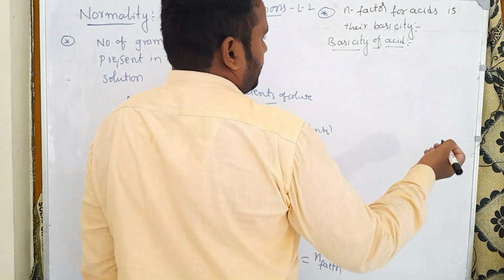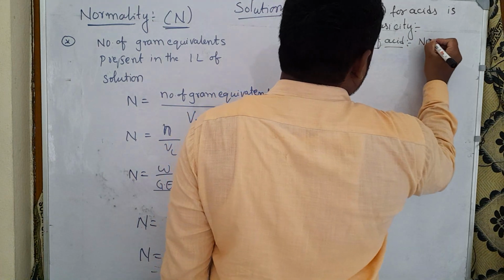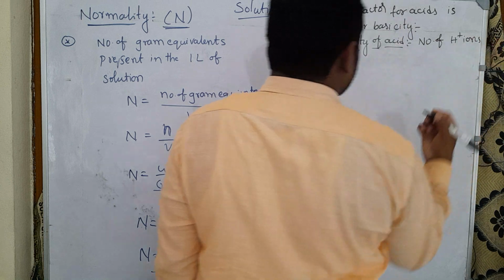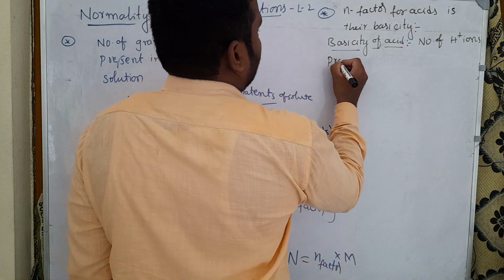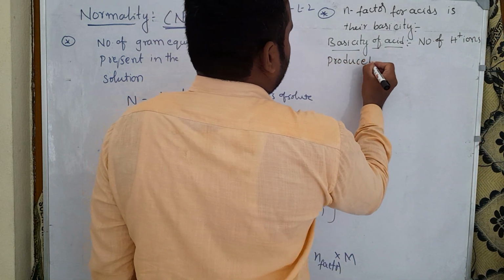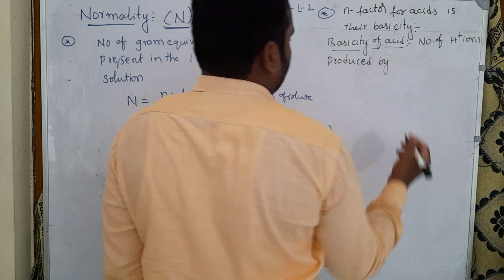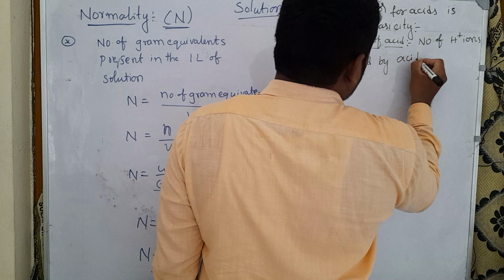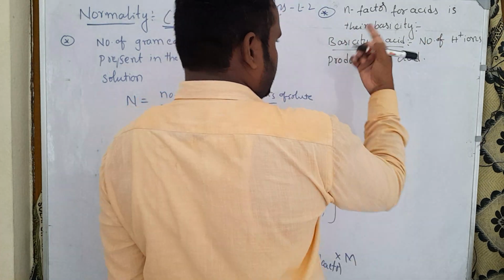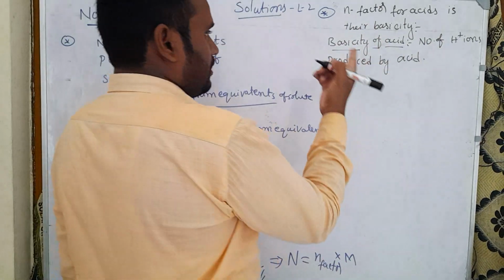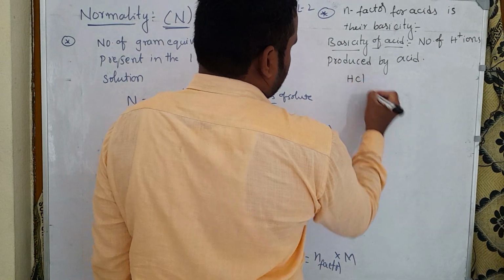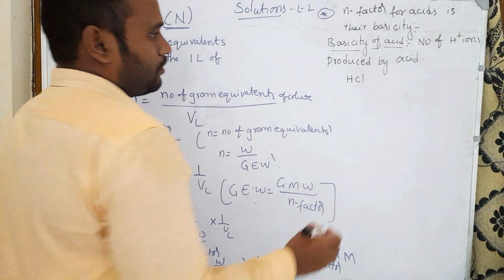So the number of H plus ions produced by an acid is called its basicity. That number is nothing but the n factor. For example, HCl is hydrochloric acid.